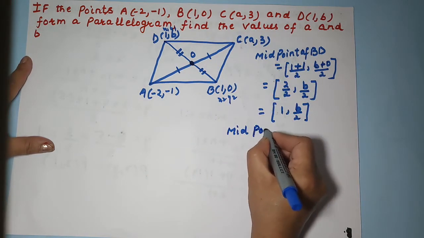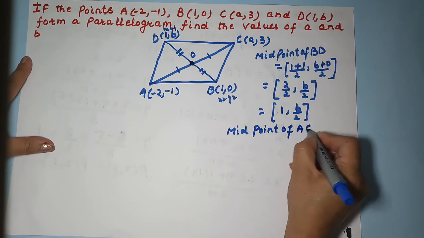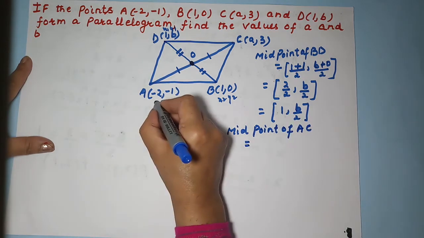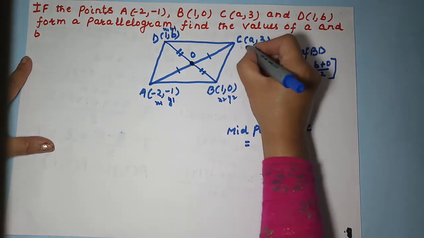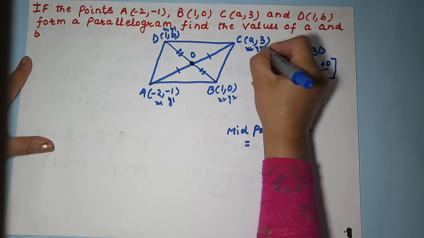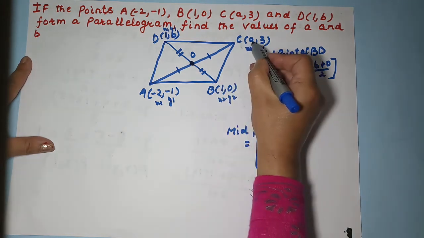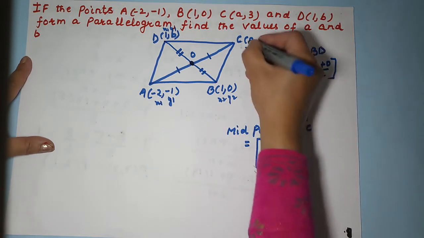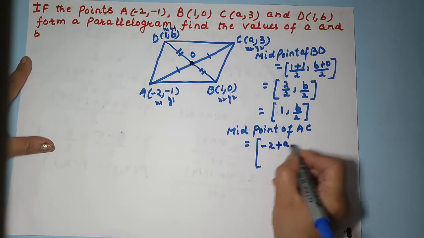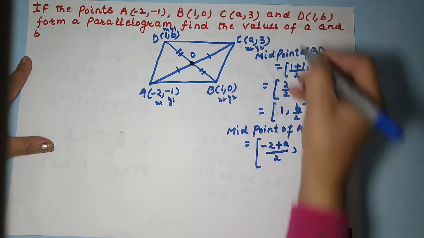The midpoint of AC: this is (x1, y1) for this diagonal, and this is (x2, y2). It will be (x1 plus x2) by 2. What is x1? Minus 2. What is x2? Plus a, divided by 2. And (y1 plus y2) by 2.